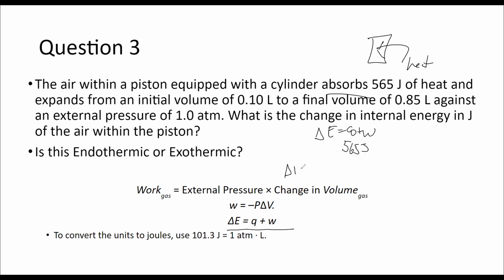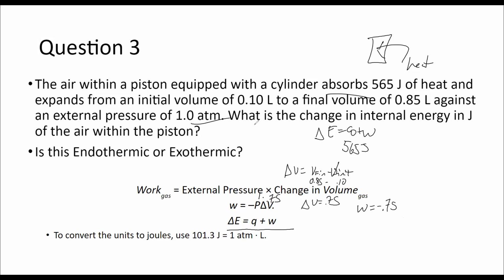So delta V equals V final minus V initial. My initial is 0.10. My final is 0.85. My delta V equals 0.75. The external pressure is 1 because I like to make it easy for you, even though you might not believe it. So it's going to be 1 times 0.75. Work equals negative 0.75. Don't forget the units.